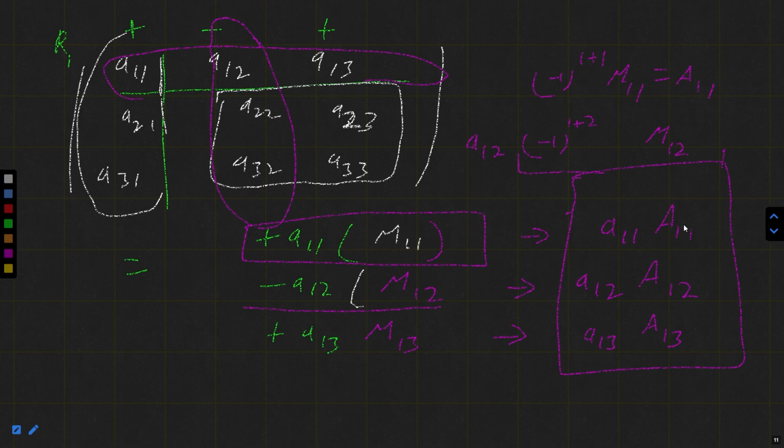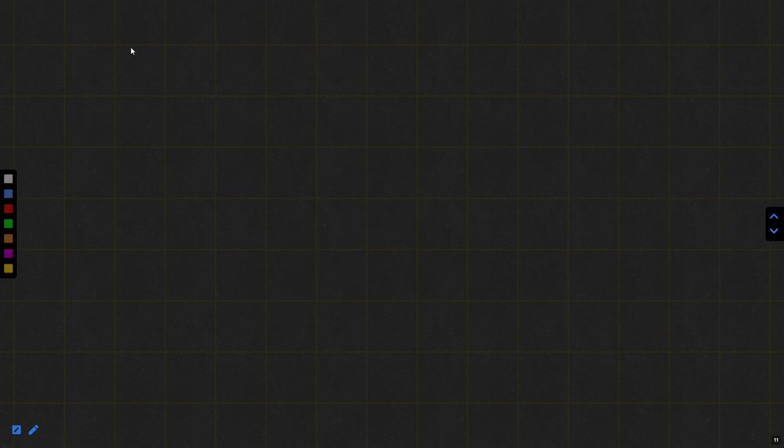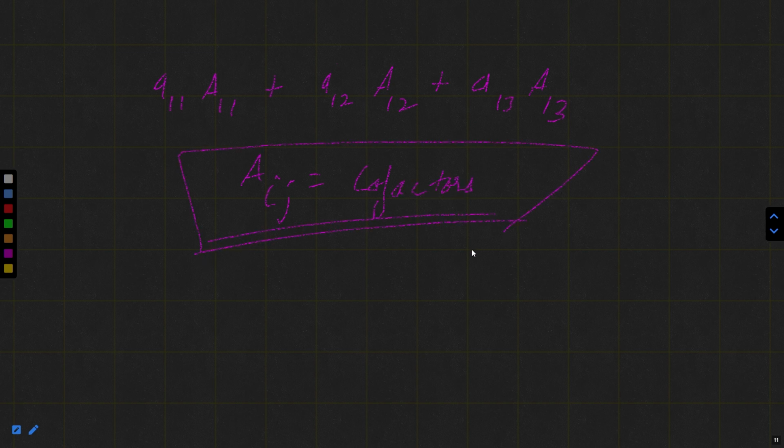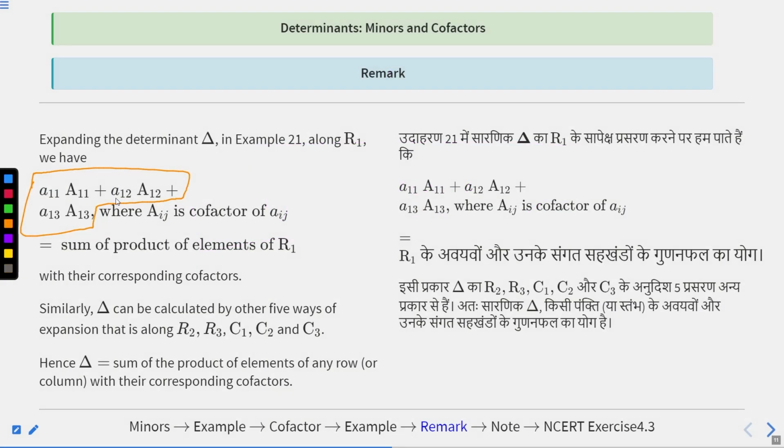So along row 1, your determinant will be A11 capital A11 plus A12 capital A12 plus A13 capital A13. This capital Aij means cofactors. Simple. That's what is written over here.